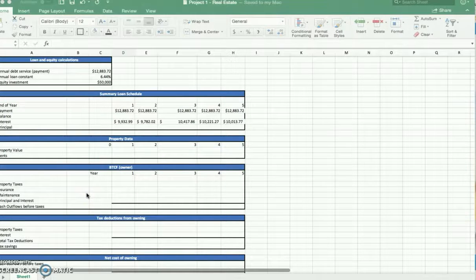Alright, so to do the principal, I'm just going to take the payment for each year minus interest. And I'll just drag this.